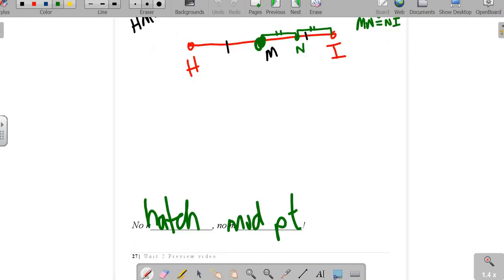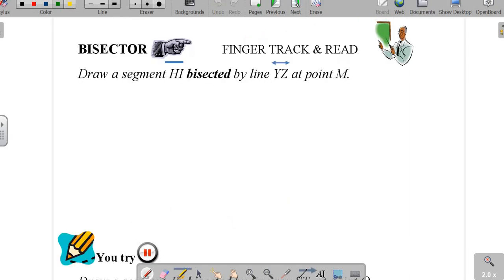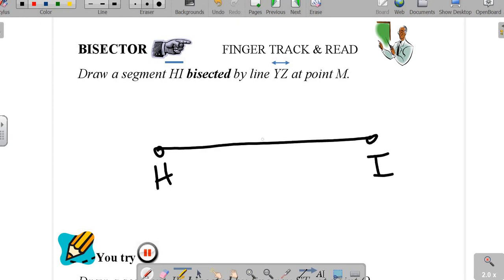It's a singular point. Anything else that goes through the middle, a segment, a line, a ray, we call a bisector. So draw a segment HI, bisected by line YZ at point M.